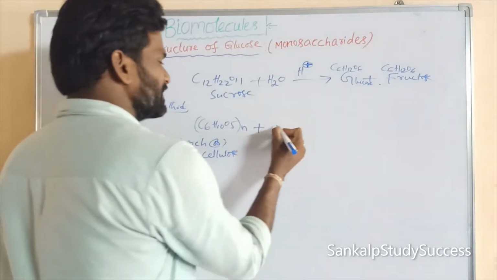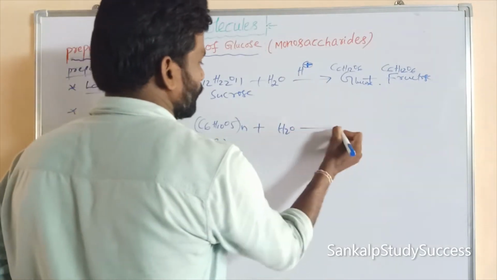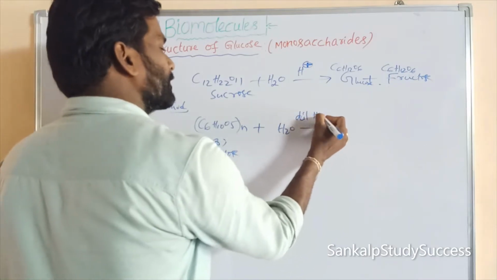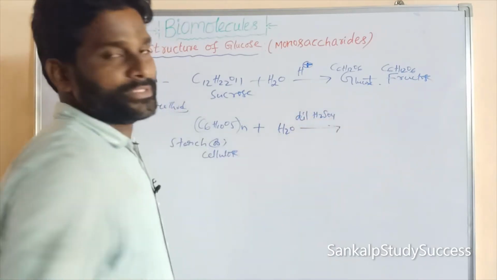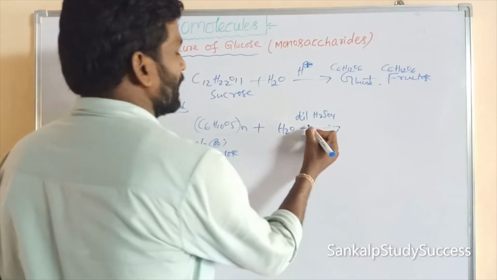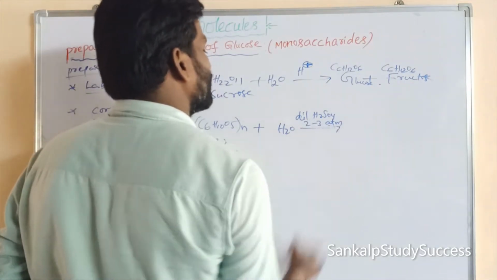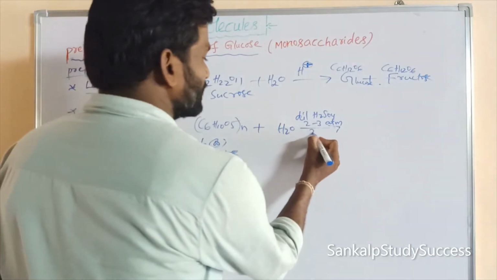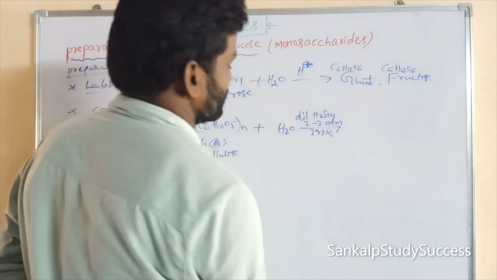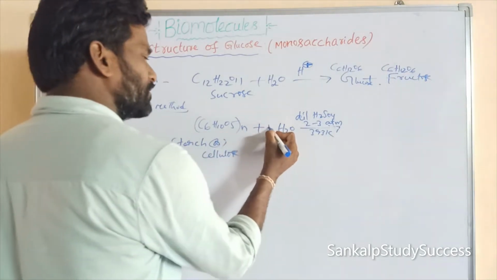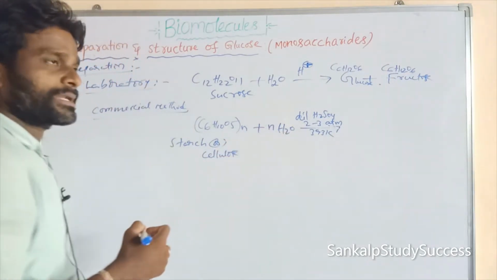On hydrolysis, meaning adding of water, in the presence of diluted H2SO4 or HCl, at 2 to 3 atmosphere pressure and 393 Kelvin temperature, here n molecules of water are taken.